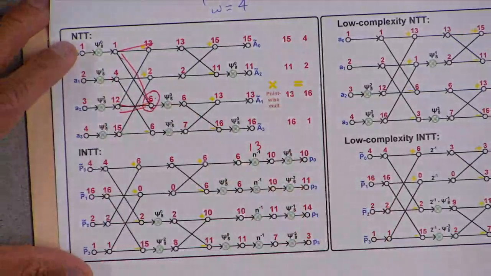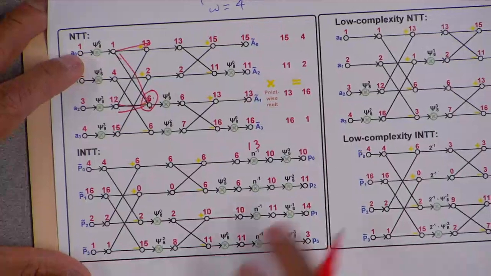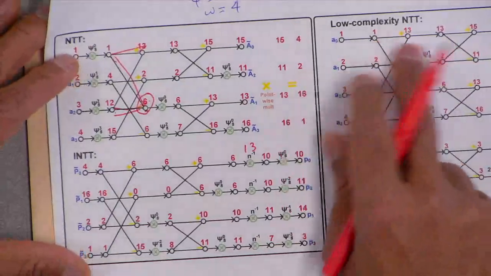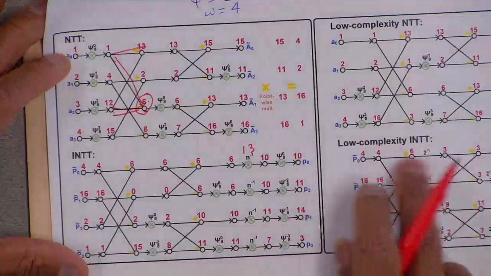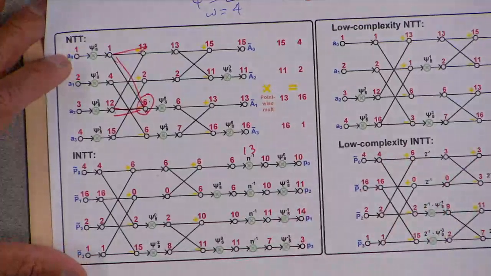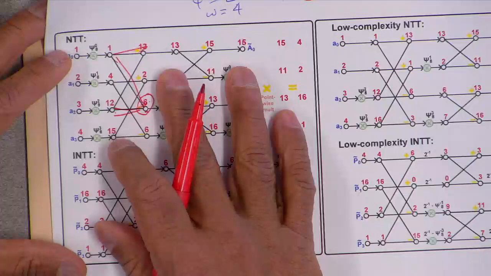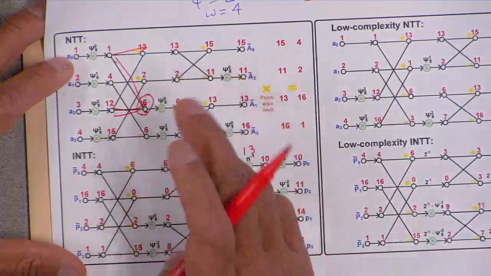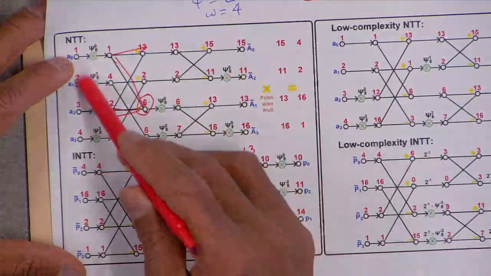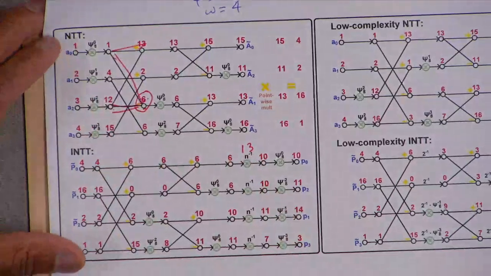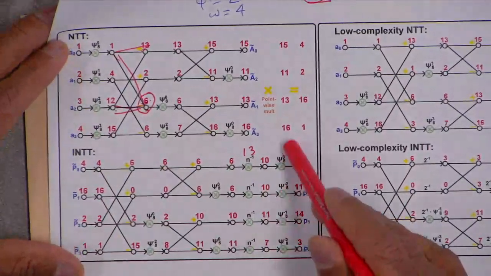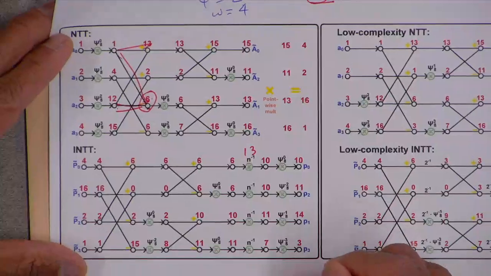What is written here as low complexity NTT and low complexity INTT is really trying to optimize this process and trying to eliminate these pre-processing multiplications and these post-processing multiplications.